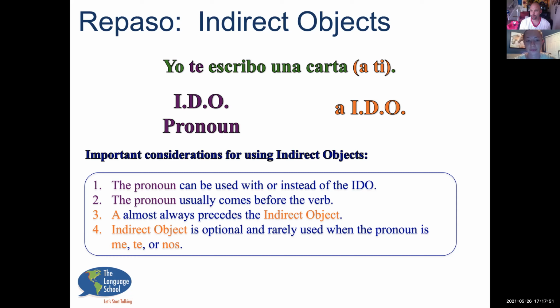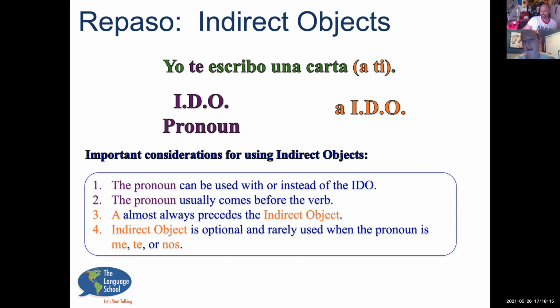The pronoun is more important than the actual noun. It doesn't make a lot of sense in this example, but if I were to say I'm writing a letter to my boss, to him, the pronoun in English would be to him, or I could use the actual noun, which would be to my boss, right?